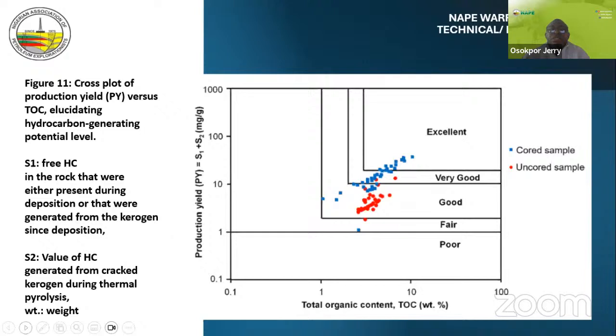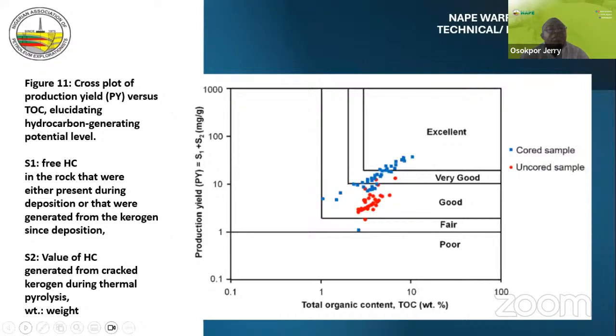While for the cut section, it entered into the very good to excellent range. Now, still on what I said in the previous slide, it's good here because it would have also been falling within these domains if not for contamination by drilling fluid and source rock material sediments during drilling. So that's what this slide is trying to tell us, the story of this well.